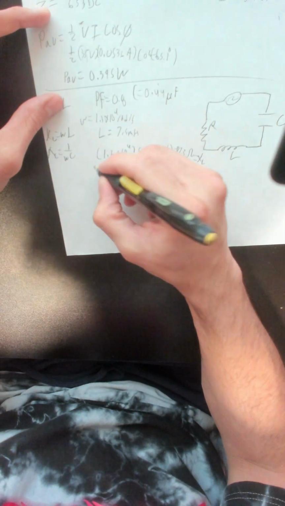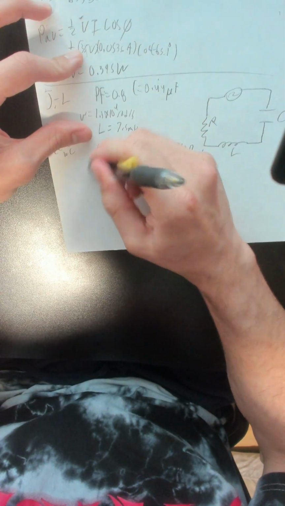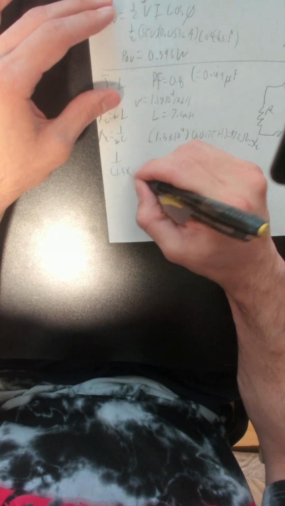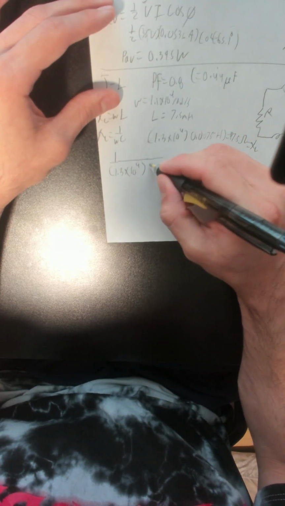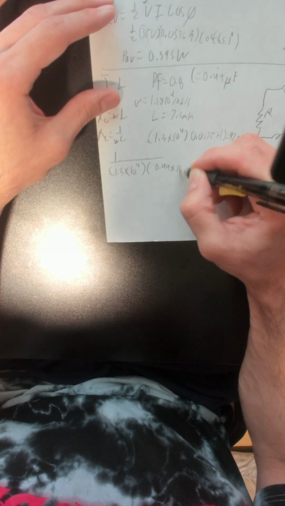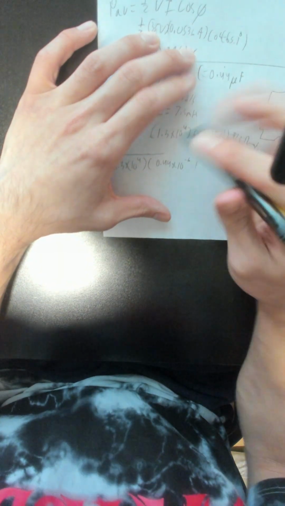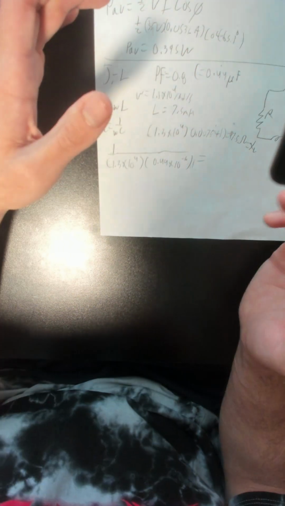And now we do XC for the capacitive reactance. That'll be 1 over 1.3 times 10 to the power of 4 times 0.44 times 10 to the power of negative 6 F, which will equal 175 ohms.